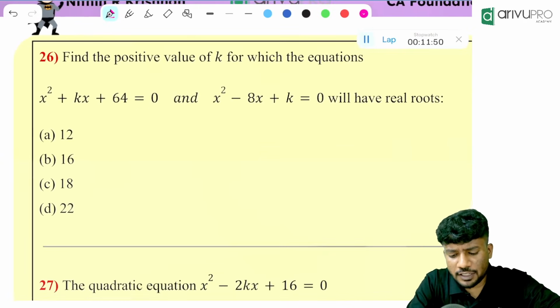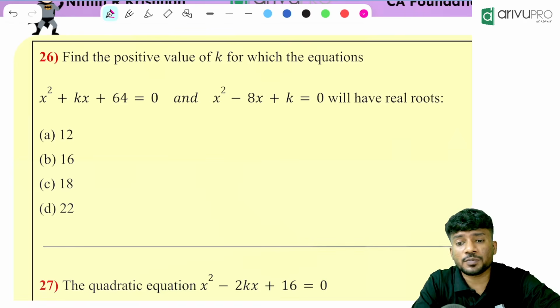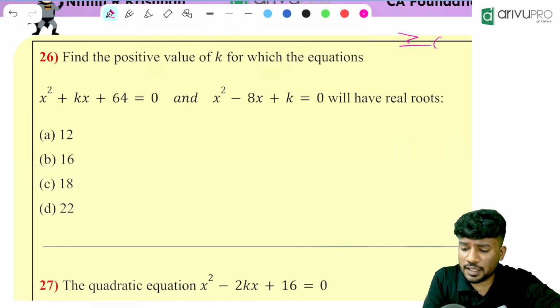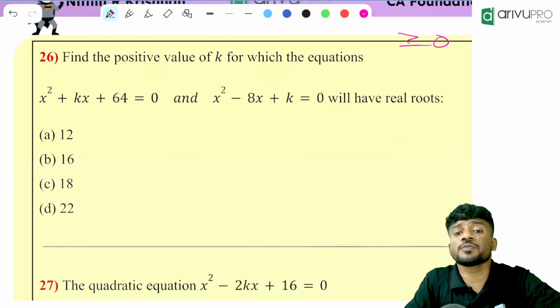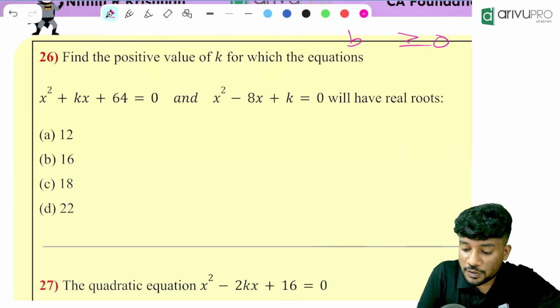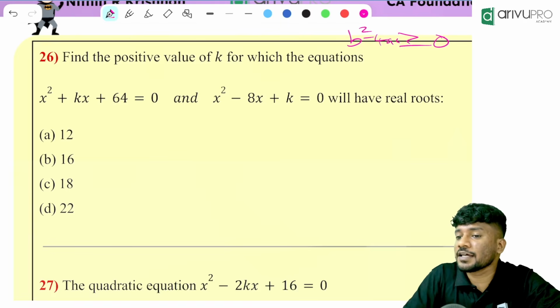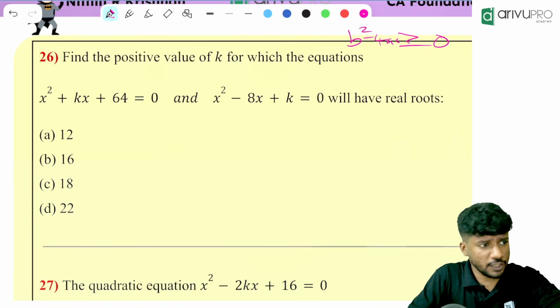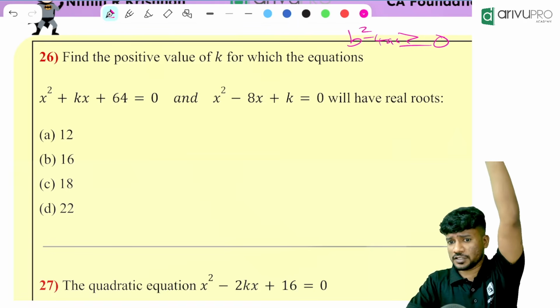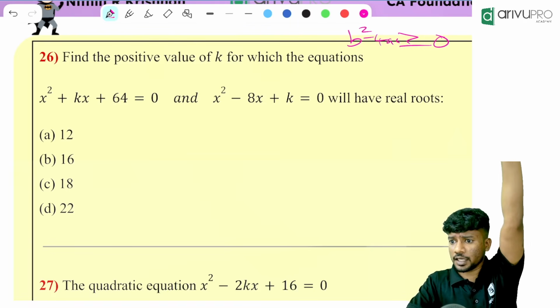Find the positive value of k for which the equations will have real roots. Real roots means what are the possibilities? It should be greater than or equal to what? 0. What should be greater than or equal to 0? b square minus 4ac should be greater than or equal to 0. Whenever it is real root, I used to say that b square minus 4ac is greater than or equal to 0, right? Did I say anything else?